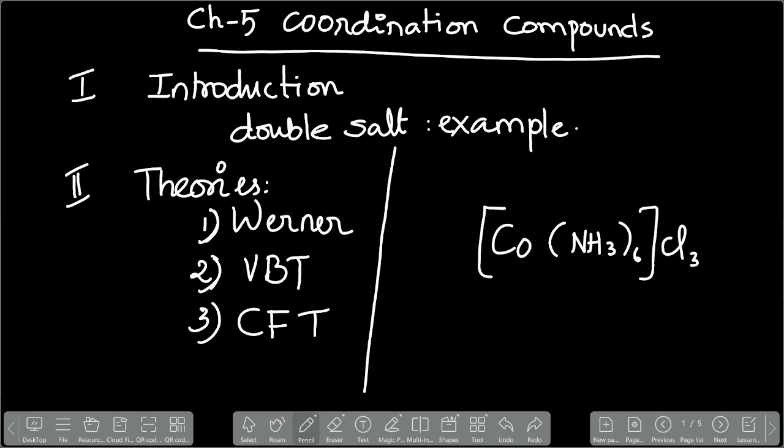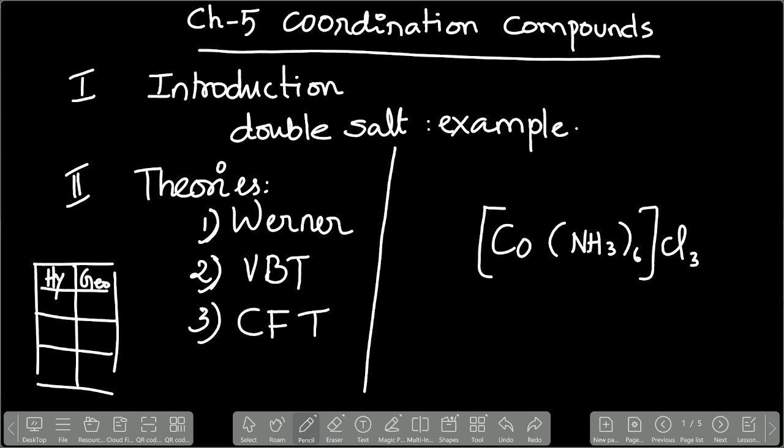So the process of intermixing of orbitals is called hybridization. And also you should draw a table for correlating that. Here hybridization and what will be the geometry, right? At least the coordination number, and the coordination number also you can write here.